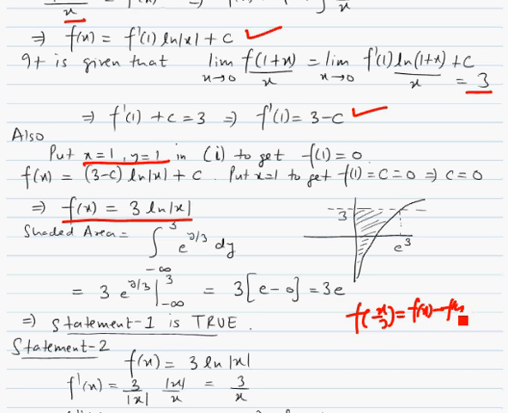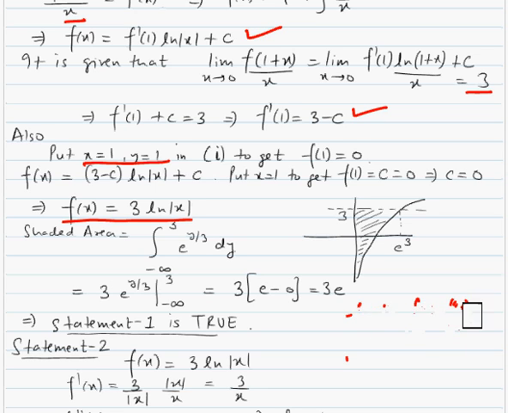So in the starting, we could have assumed f(x) equals k log x plus c, and we would have obtained c and k.